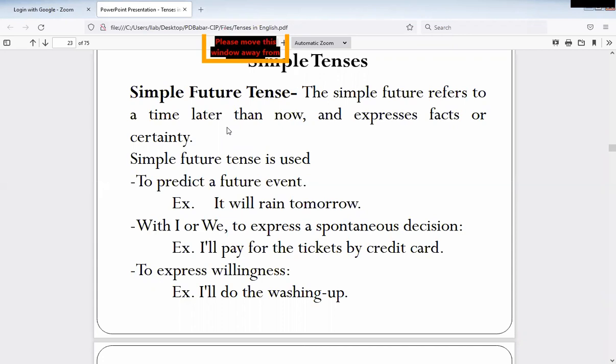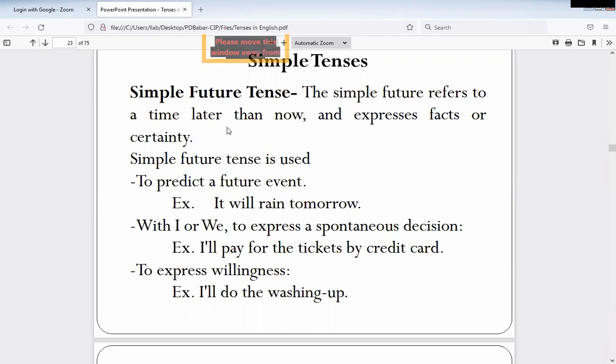So which facts? Let's take the example of engineering.